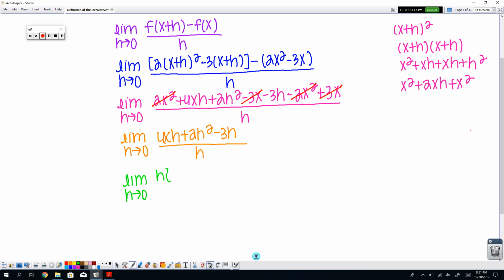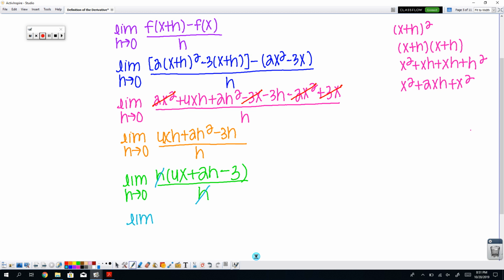My pen is being weird. Oh gosh. Let me see if I can fix this. 4x plus 2h minus 3 all over h. Now our h's cancel each other out, which means that everything is basically good to go.